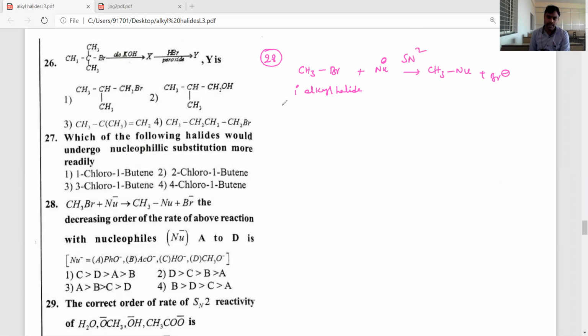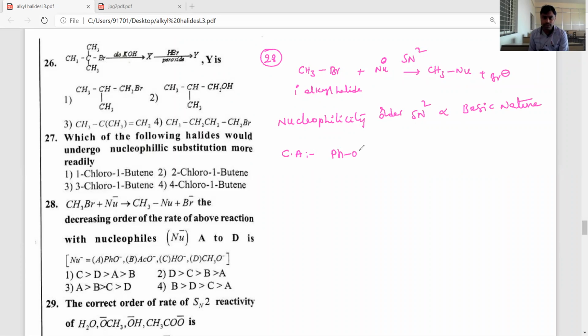Now the nucleophilicity order. Nucleophilicity order for SN2 is directly proportional to basic nature. Now, given the nucleophiles, let's see the conjugate acids. What are the given conjugate acids?